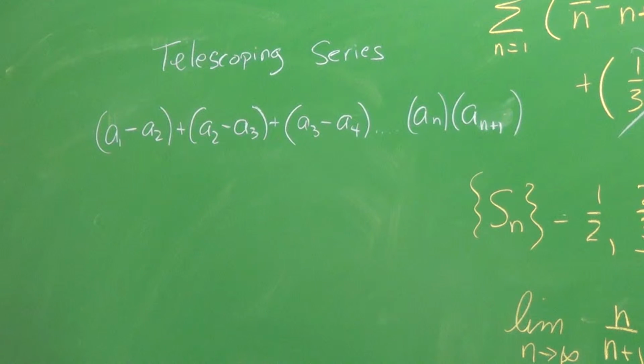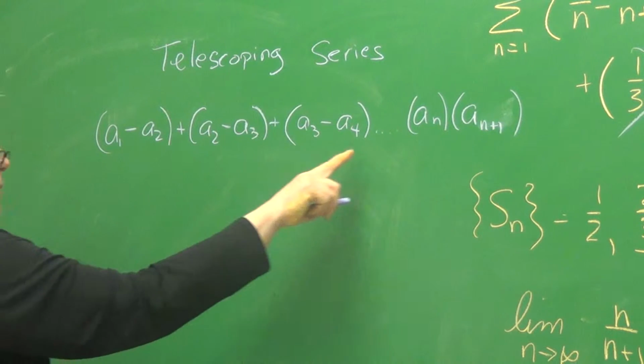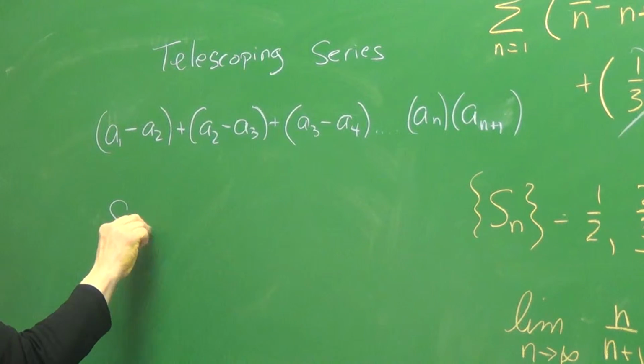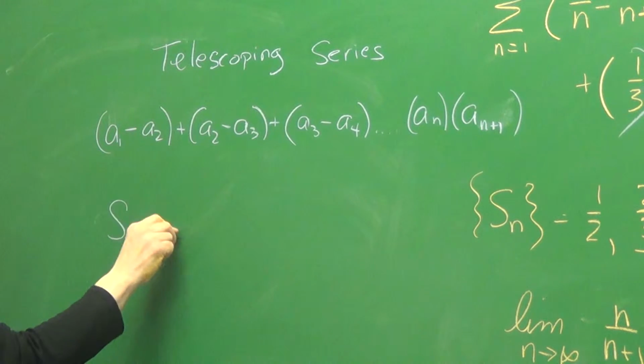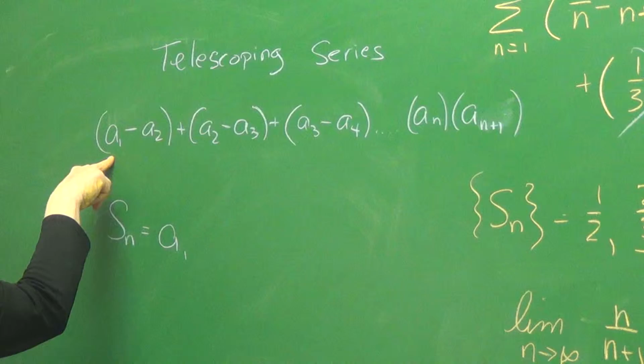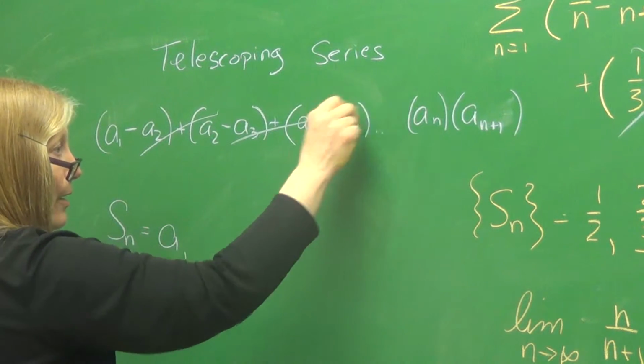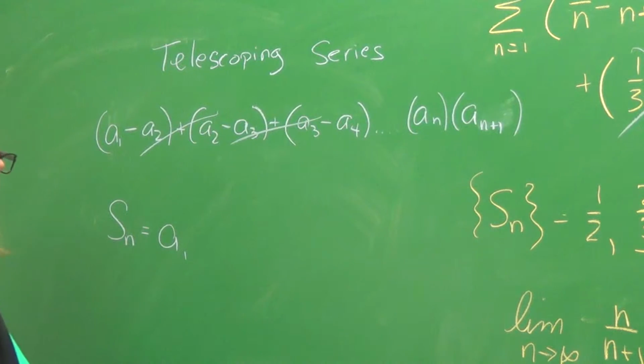So if we did that, you would see all of the terms would cancel out except which ones. The summation would be the first term, which has no pair to subtract from it. This would pair off, this would pair off, all the ones in the dot dot dots would pair off.